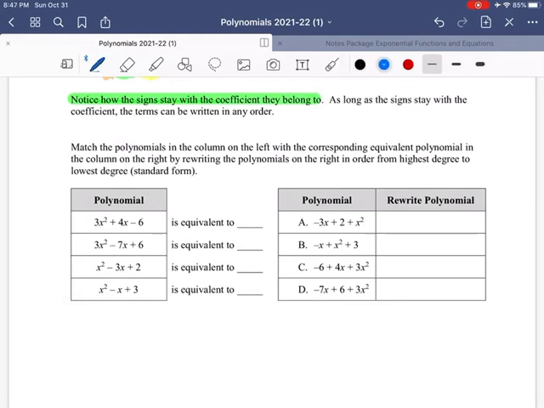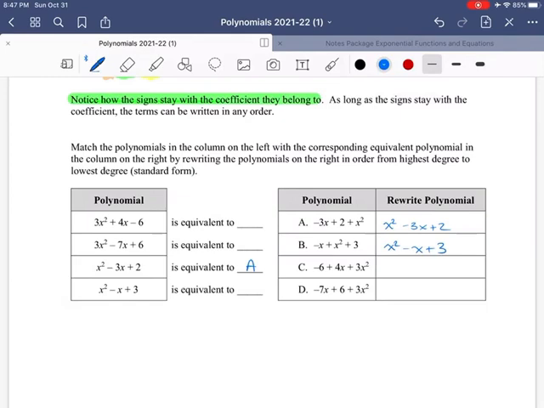Okay, so hopefully you figured this out. If we rewrite A in descending powers of x, we get x squared minus 3x plus 2. And if we scan along the options, that's going to be equivalent to this one. The next one, if we rewrite in descending powers, we get x squared minus x plus 3.